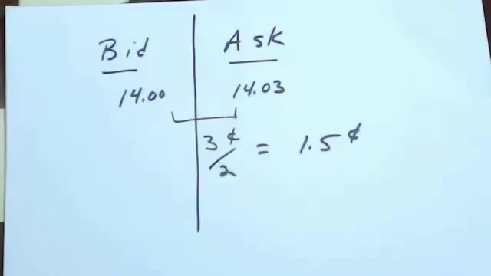A put is kind of the opposite of a call, and a put option gives the holder, the person who owns the put, the right but not the obligation to sell a stock at a certain price, known as the exercise price or the strike, during a certain period of time, known as the maturity. So with both calls and puts, I forgot to mention this with the call, but you pay a premium.